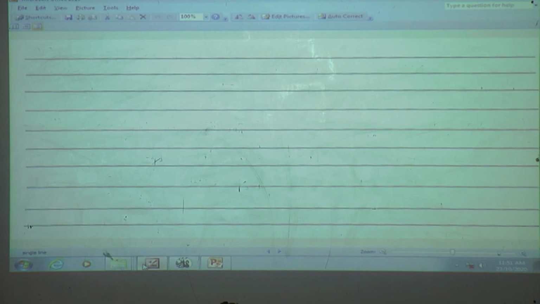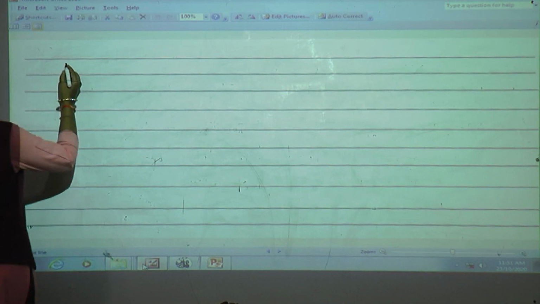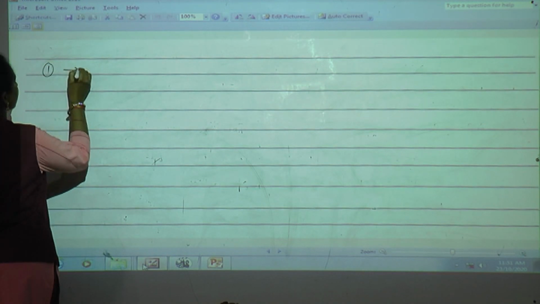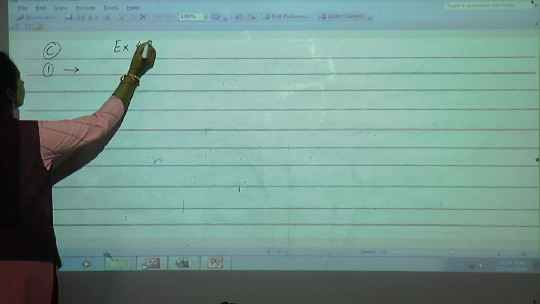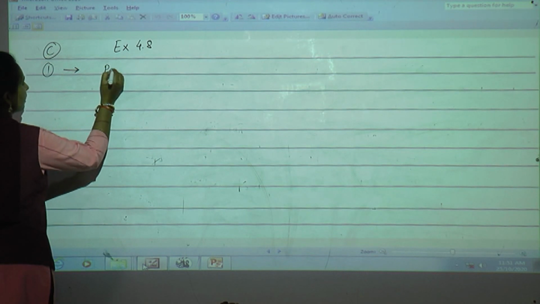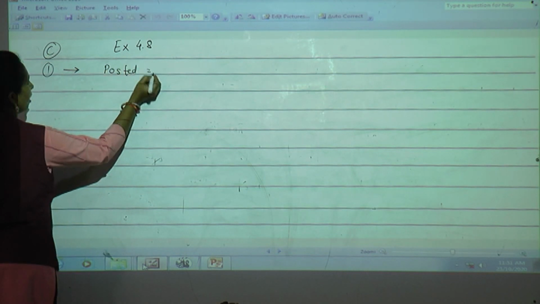Okay, now see the given information. First we will write what is the given information in the question. First, the parcel was posted. When is it posted? See question, exercise 4.8, first one, posted. When is it posted?